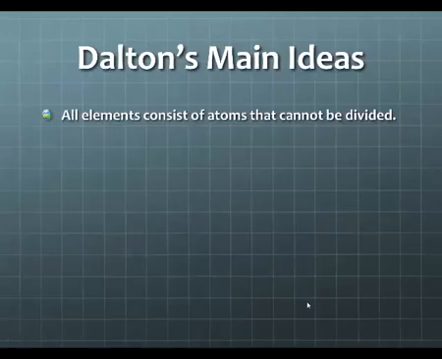The main ideas to his theory: he thought that all elements consist of atoms that cannot be divided. So that was similar to some of the previous ideas. He thought that all atoms of the same element are exactly alike, and they have the same mass.